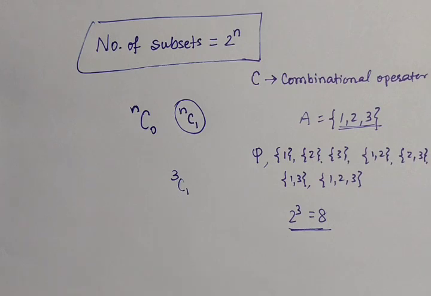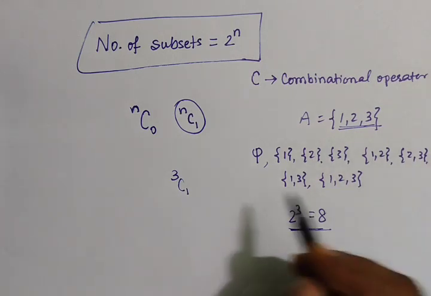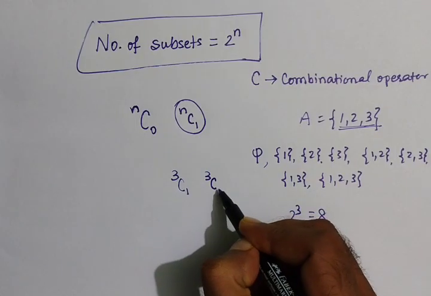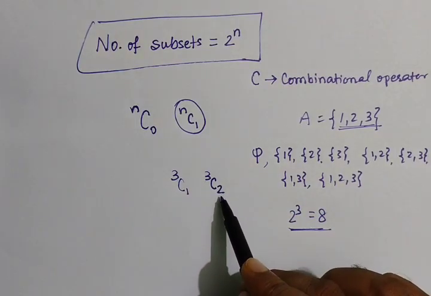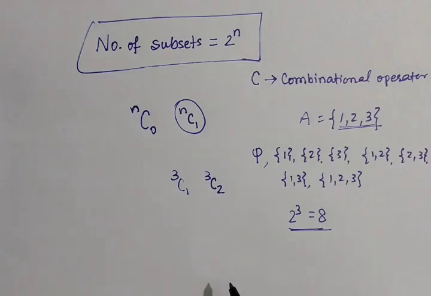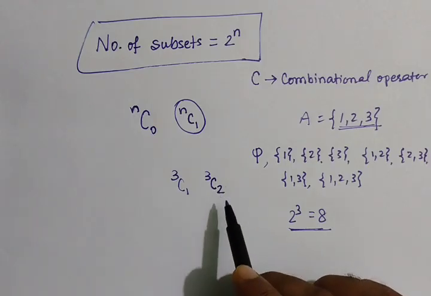In the same way, we want to count the number of subsets with 2 entries. How will we write it? 3C2. That means we are going to select 2 elements out of 3. In how many ways can we do this selection?